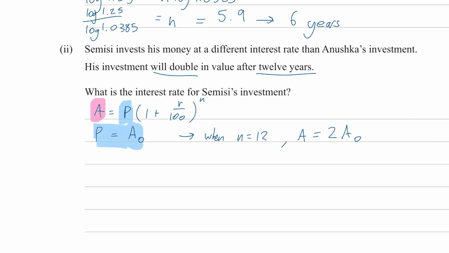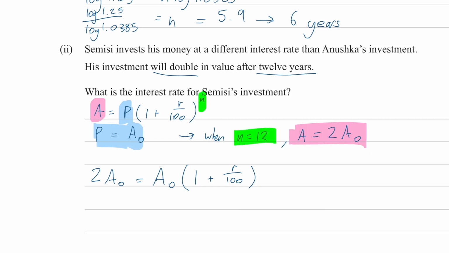Instead of A, I can put 2 times A0. And we'll see the magic that happens after. Instead of 1, we still have 1. The rate is what we're looking for. And of course, this happens when n is equal to 12.